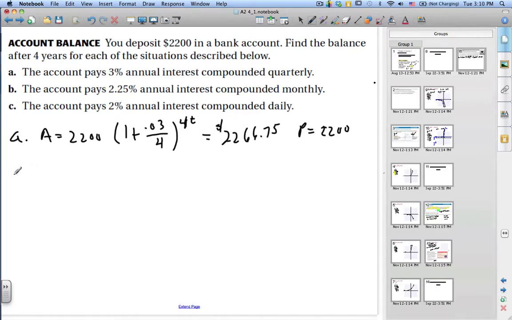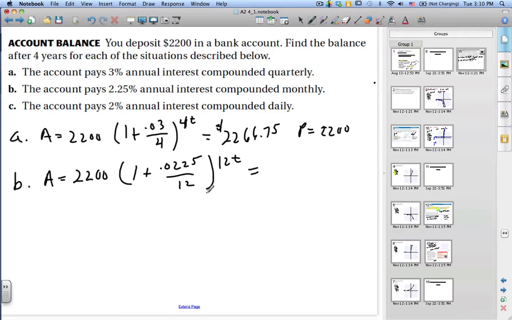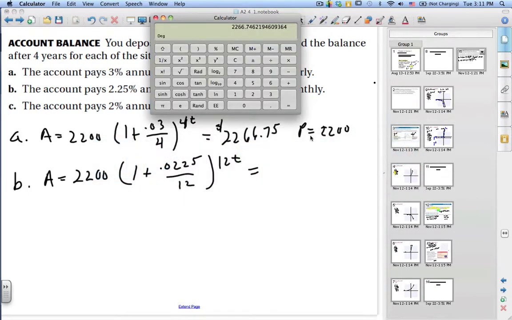So when I do my second scenario, my account balance will be equal to my principal times 1 plus my interest rate, 0.0225, divided by 12, because we're monthly, to the 12t power. And when I pull out my calculator, I do 0.0225 divided by 12 equals plus 1 equals.